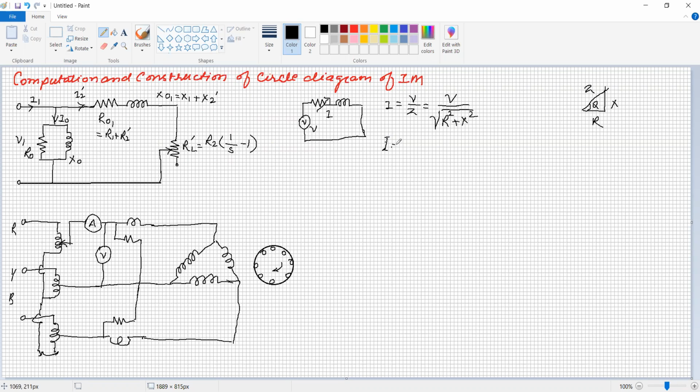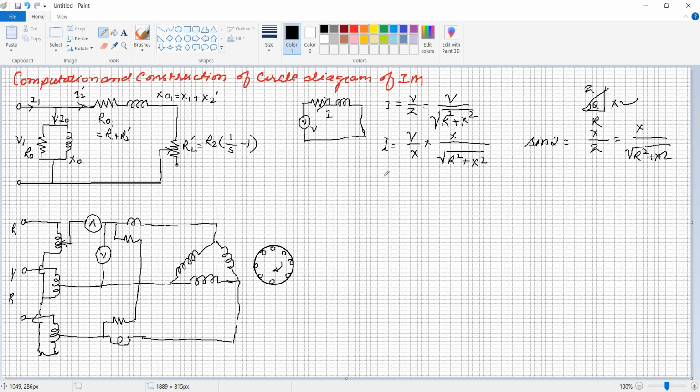Now I can be written as V upon X multiplied by X upon square root of R square plus X square. I am just rearranging the equation by multiplying by the reactance and dividing by the reactance, so the current value will remain as it is. Now here sine theta is equal to X upon Z from this diagram, which is equal to X upon square root of R square plus X square.